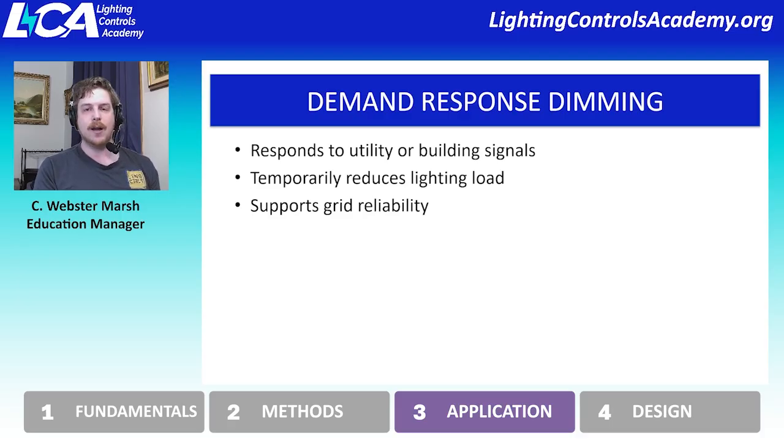This is more common in places where energy is a more challenging thing to manage, such as California. With this utility-triggered event, the utility can say, we're near blackout or brownout conditions, and we're just going to trim a little bit of the load off to give the grid a little more breathing room, so that we don't overload everything and lose all power because we've just blown past our limit.